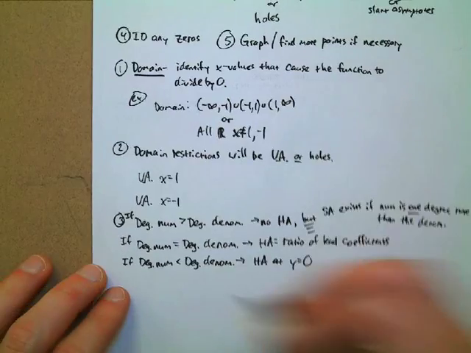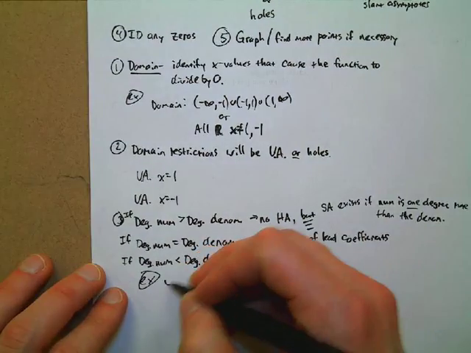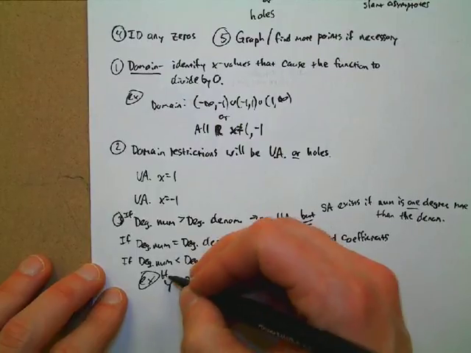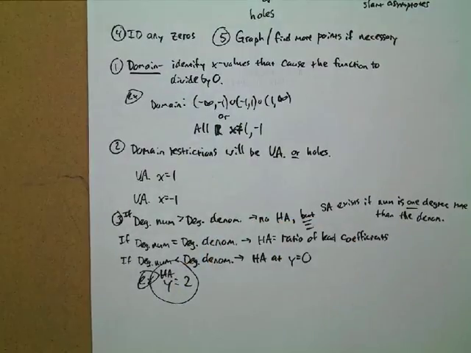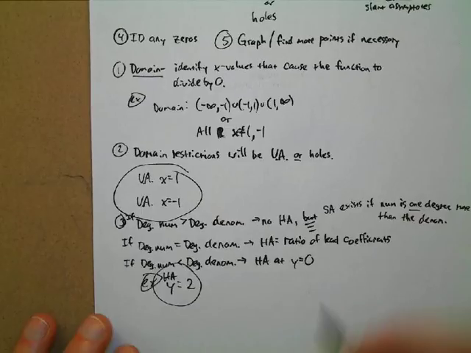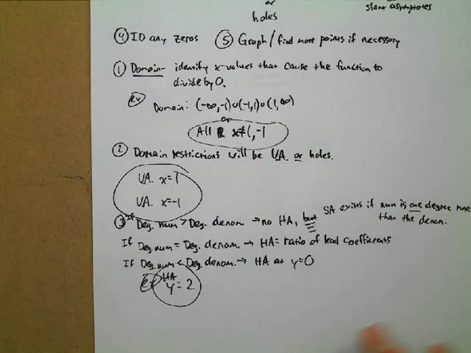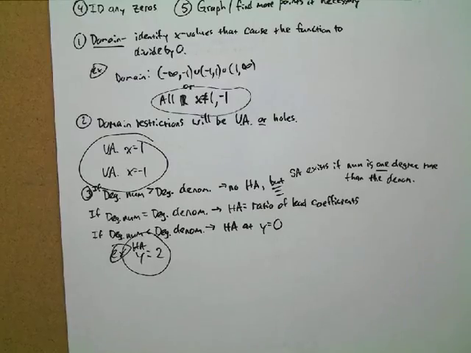Okay. We won't be writing this much, guys, for every single problem. I just want to spell it out real carefully, so that we're good when it comes to future problems. All right, we're going to identify any zeros.